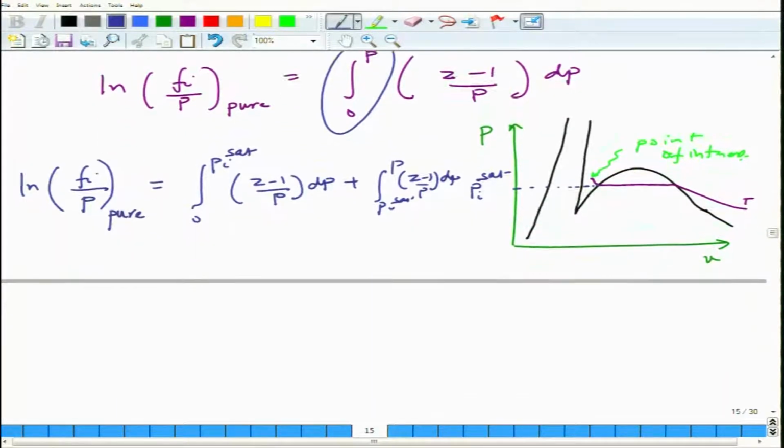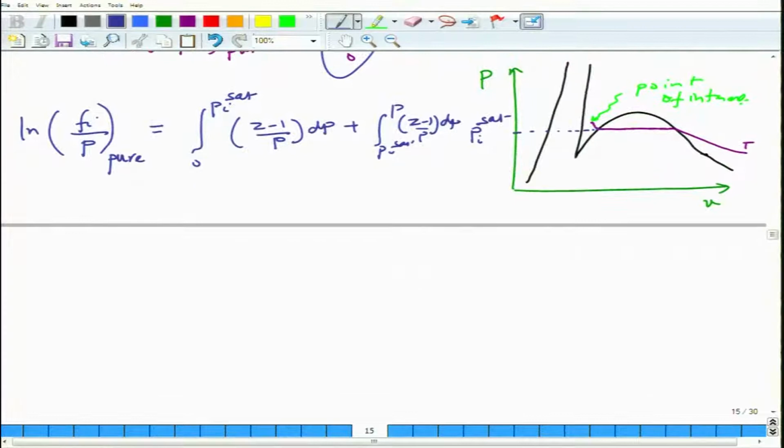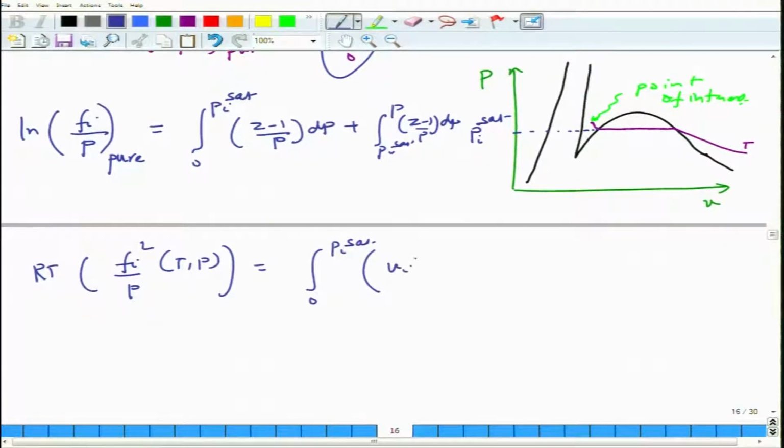I can also simplify this expression in terms of the molar volume directly. Then the equation will be RT ln f_i^L at T and P equals the integral from 0 to P_i sat, and here now we have V_i.